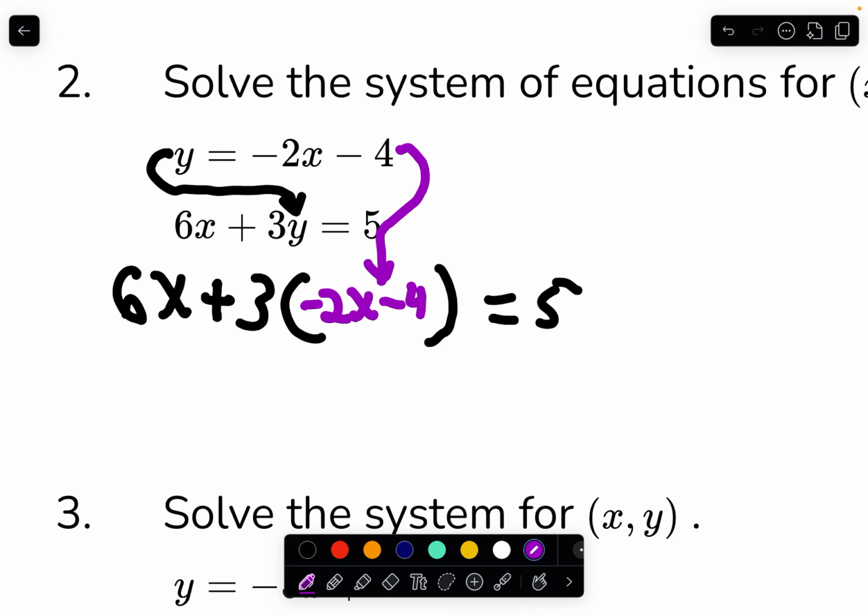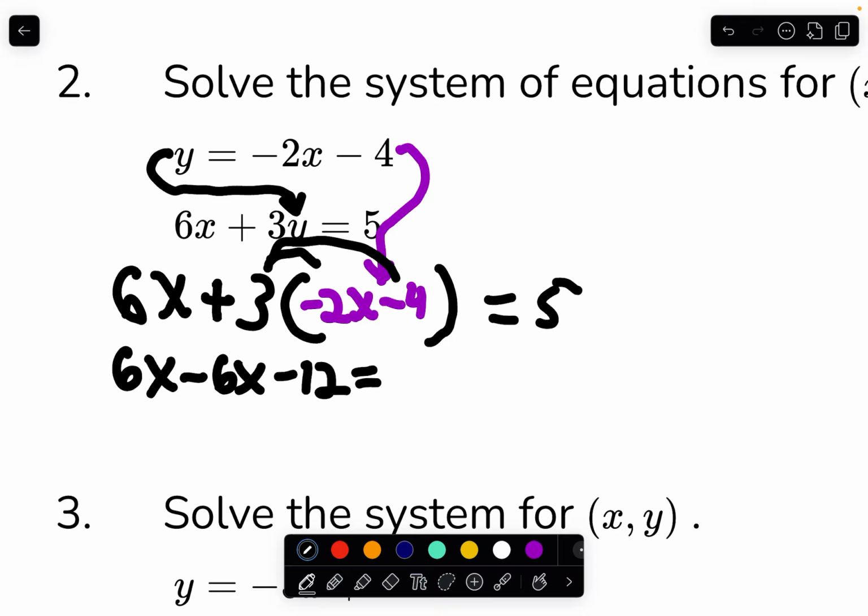So solving this, going through the steps of solving a slightly complicated linear equation, we have to combine like terms, get rid of parentheses. So first thing I'm going to do is distribute. Something you should be very familiar with. 6x minus 6x, and then 3 times a negative 4 is negative 12 equals 5.